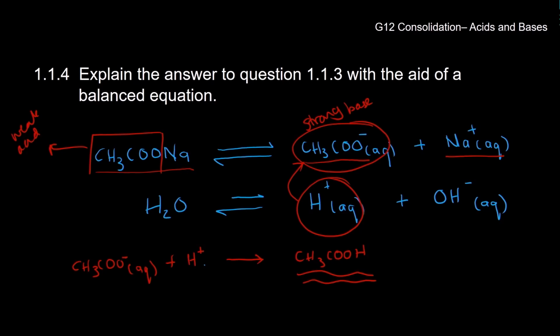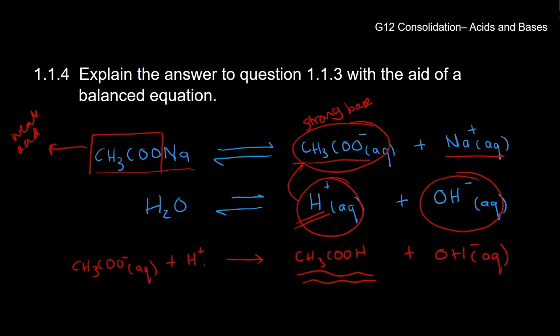But what else do we have here? We have OH minus. And so the OH minus ions are going to be in solution. The H plus ions have been removed from solution by this reaction. In terms of Le Chatelier, there's going to be a stress on the system.